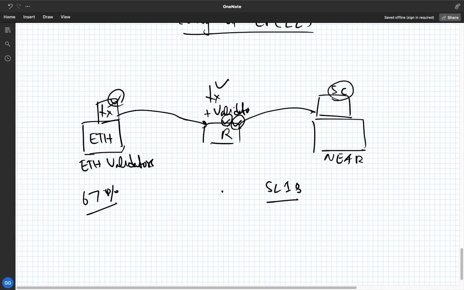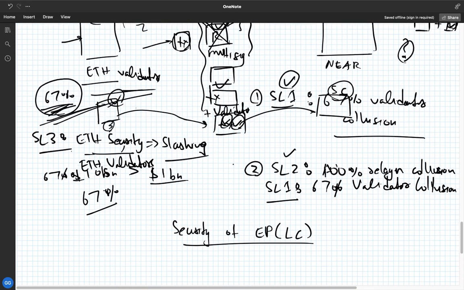So the relay cannot do anything. They have to convince 67% of the Ethereum validators. So we call this security layer 1, where 67% validator collusion is required, right? Okay, great.